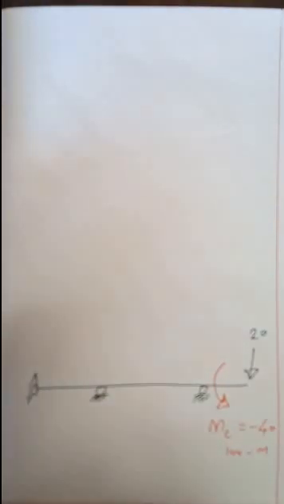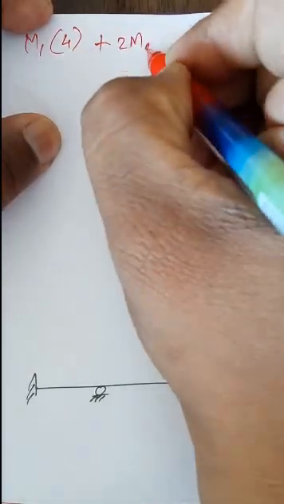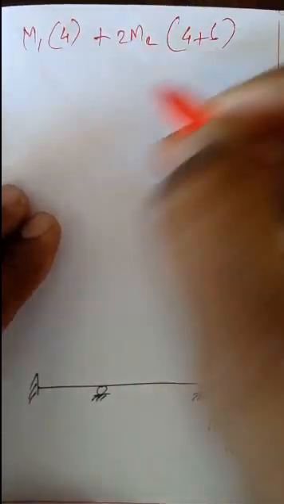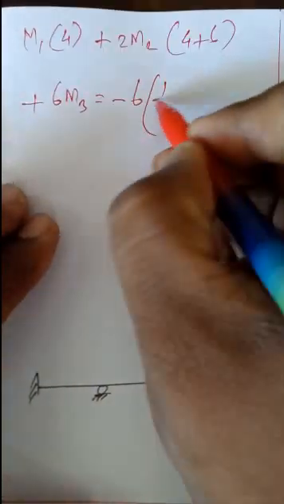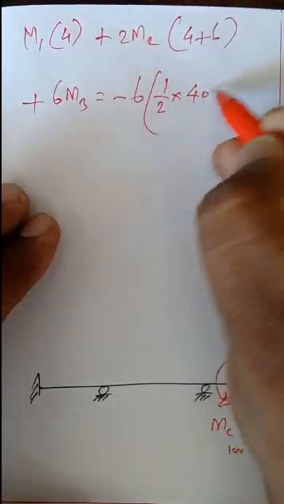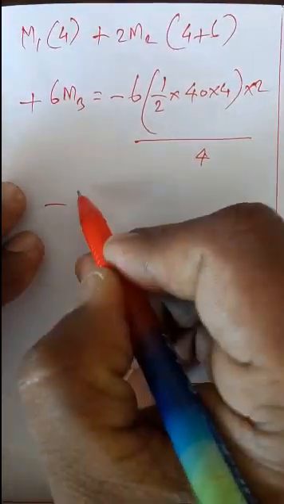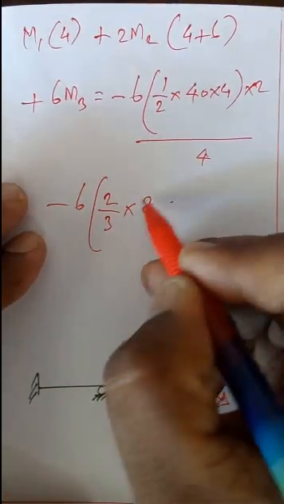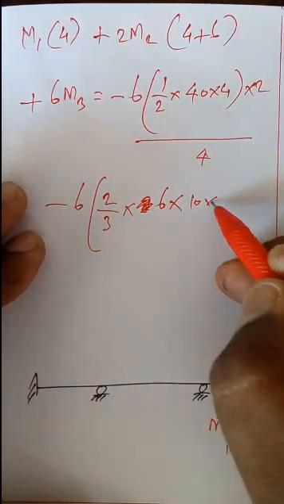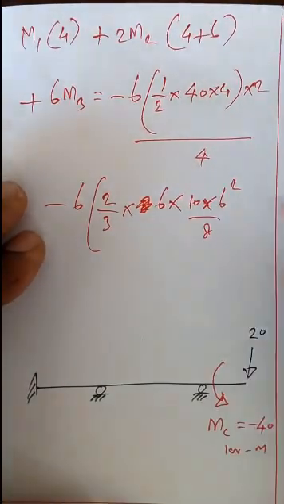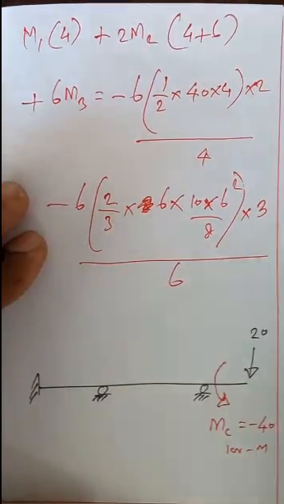Then after that we have to substitute in the equation. So M1 into 4 plus 2M2 into 4 plus 6 plus 6 M3 equals minus 6 into half into base into height for the triangle into X1, which is 2, divided by L1, which is 4, minus 6 into 2 by 3 into base 6 into WL square by 8, that is 10 into 6 square by 8, then X2 as 3 meter divided by the length 6 meter.